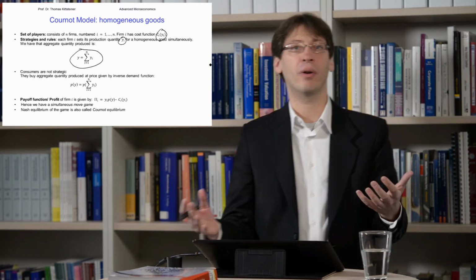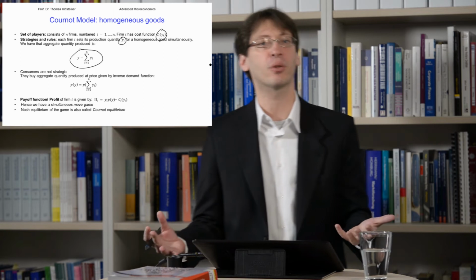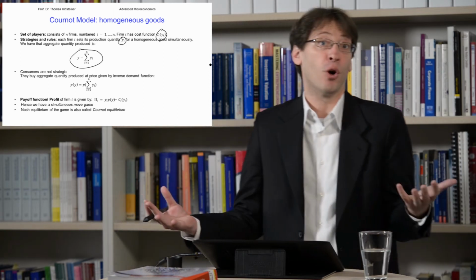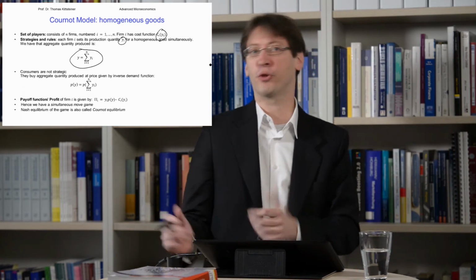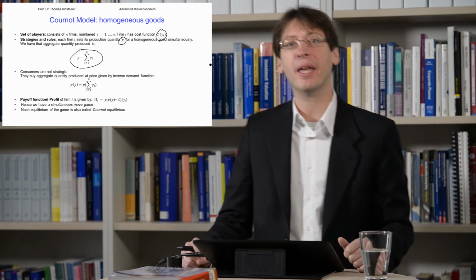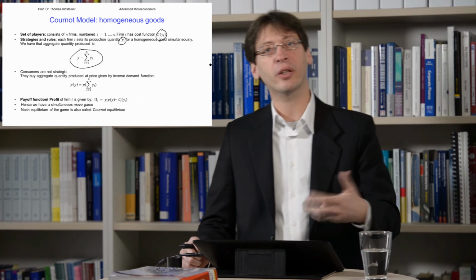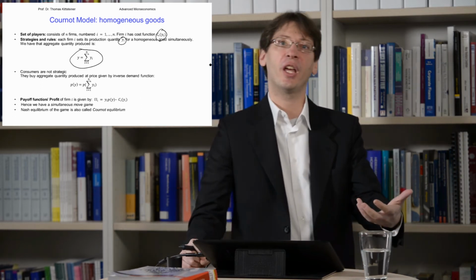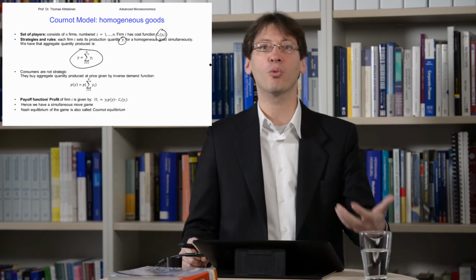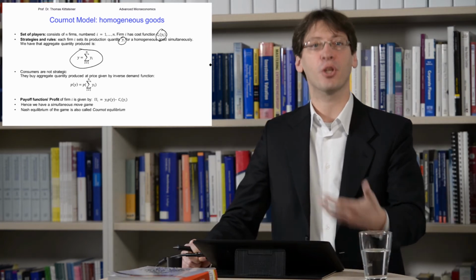But now how do the other players in the market react to that? I mean, the other important players, as you know, are obviously the customers, the consumers. How do they react to what the firms are doing? In the Cournot game, the customers are not modeled as strategic players. So their decision is just assumed and not really founded by a game theoretic model.